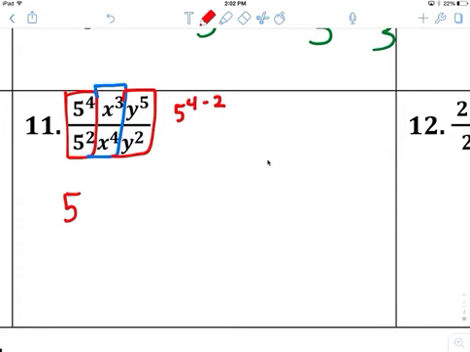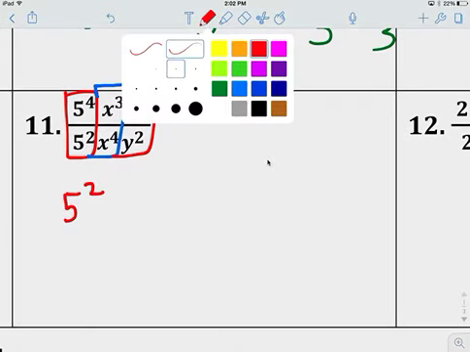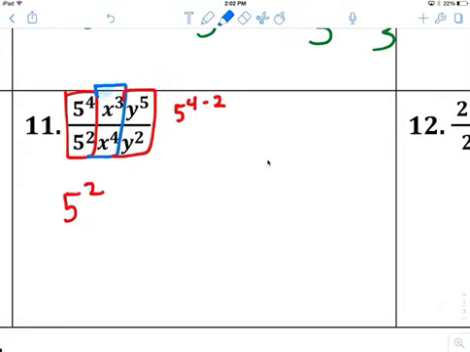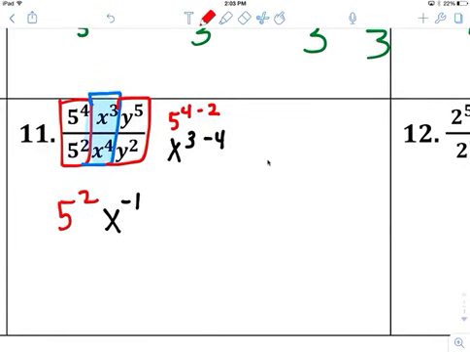Got 5 squared. And then you got the middle one here. X to the 3rd minus 4. You get x to the negative 1. The last one, y to the 5th minus 2. You get y to the 3rd.